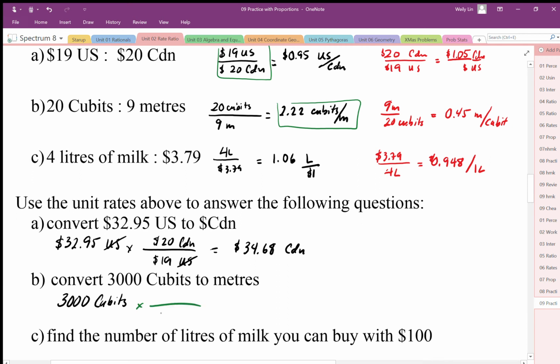So I need cubits in the denominator because I need those units to cancel out. That means I have 1 meter in the numerator. So when I do the division, 3,000 divided by 2.22, I'm going to get about 1,351. Okay, let's round that to 1,351, and the units are going to be meters.